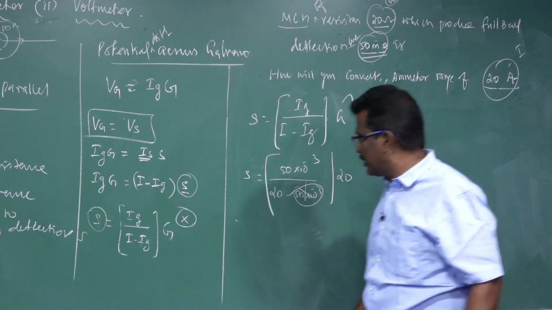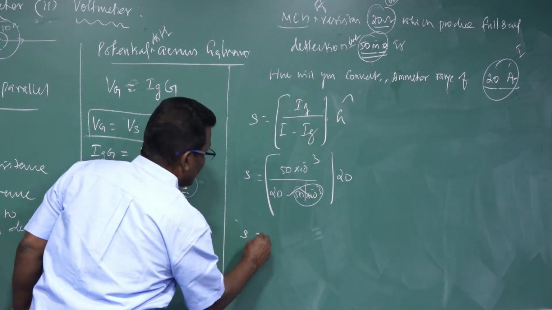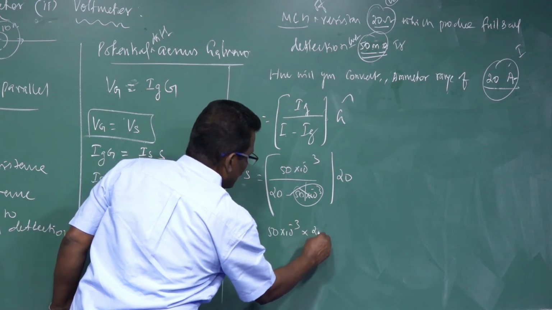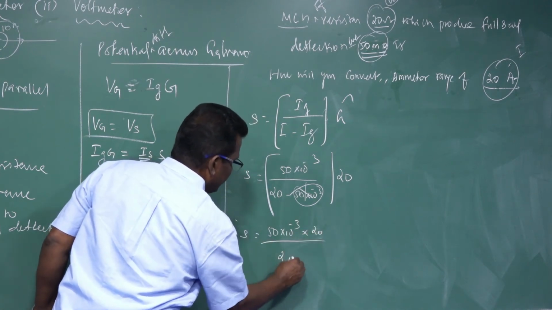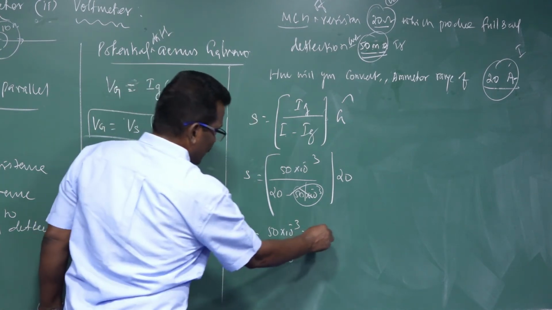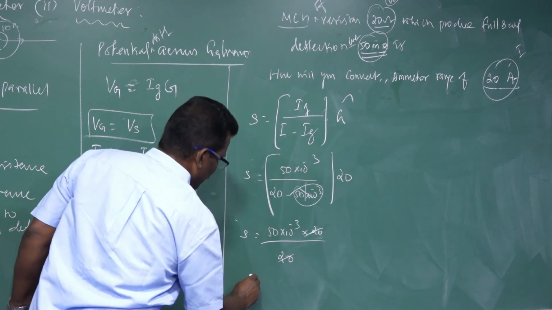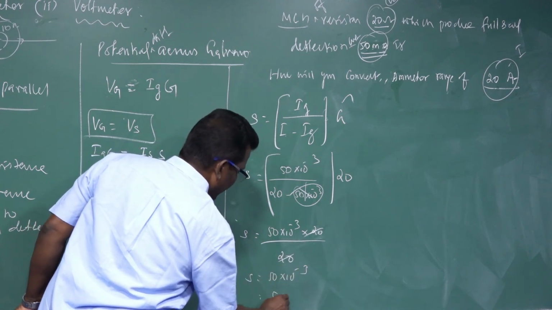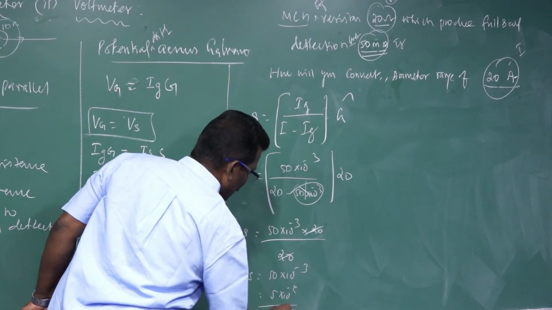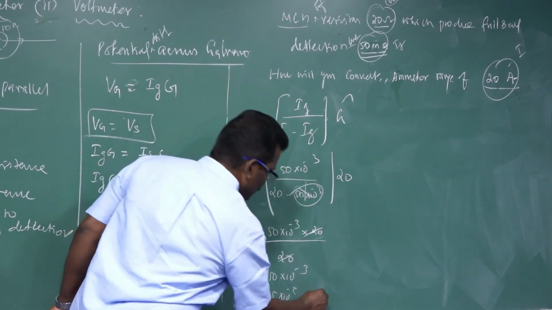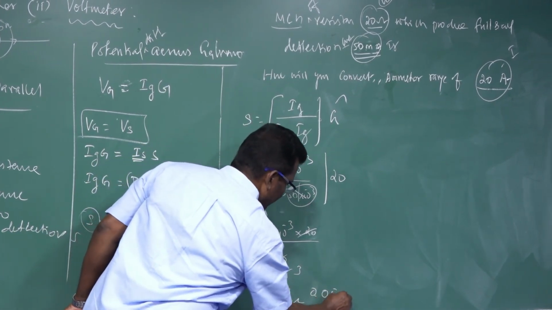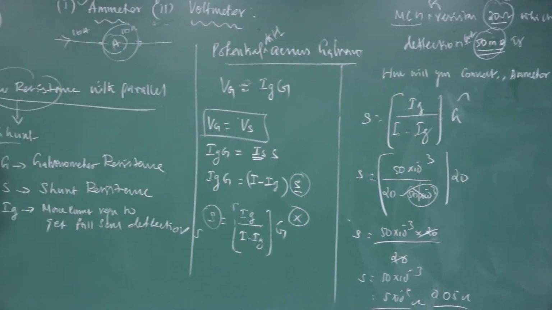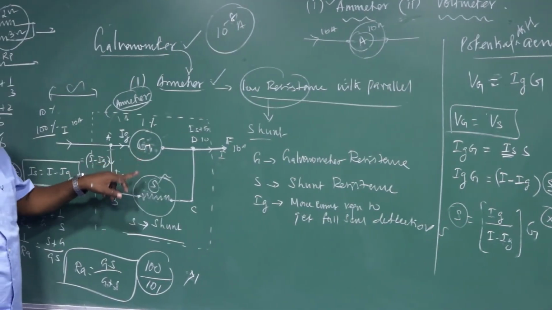Let's consider only the 20. So S is equal to 50 into 10 power minus 3 into 20 divided by 20. The 20 cancels. So S is equal to 50 into 10 power minus 3, or 5 into 10 power minus 2 ohm, so 0.05 ohm.